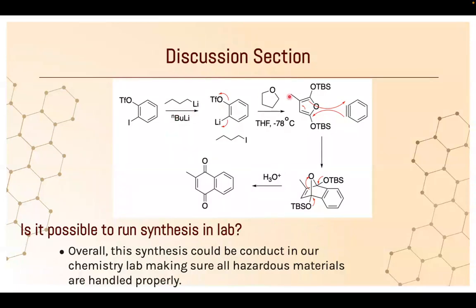And then secondly, we have tetrahydrofuran at negative 78 degrees Celsius, followed by a Diels-Alder reaction in the following steps. Overall, the synthesis could be conducted in our chemistry lab based on the small scale at which it's conducted, however, with the added precaution that hazardous material is handled properly.